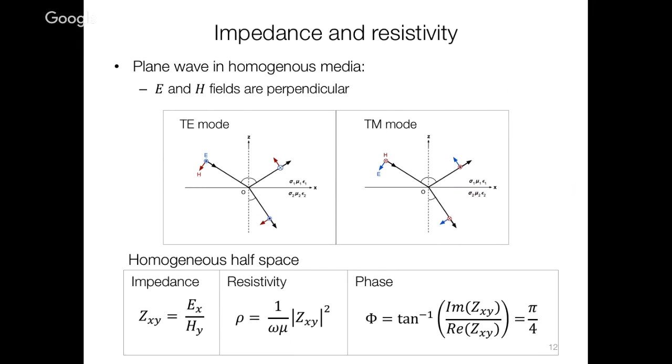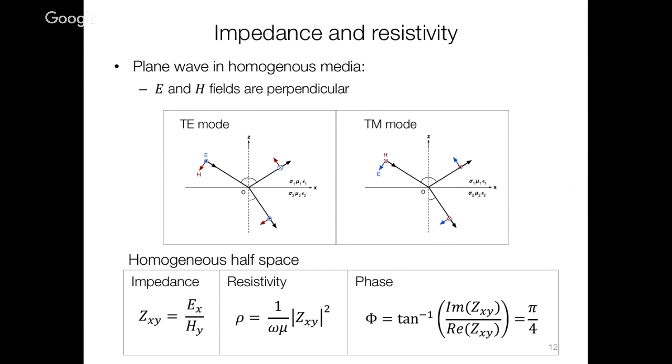If the medium is homogeneous, then this impedance just becomes Ex upon Hy, and you relate the impedance to a resistivity with this formula here. So this is the prime formula of magnetotellurics. If you take the complex numbers, square them, and divide by that, you actually get the resistivity.